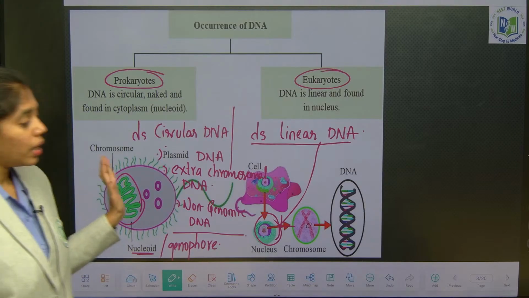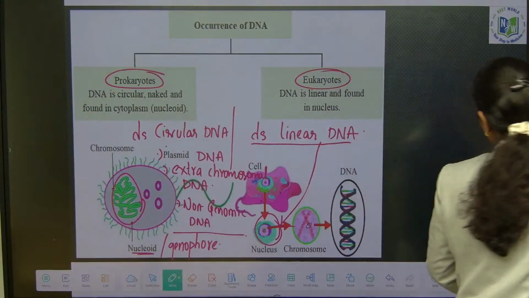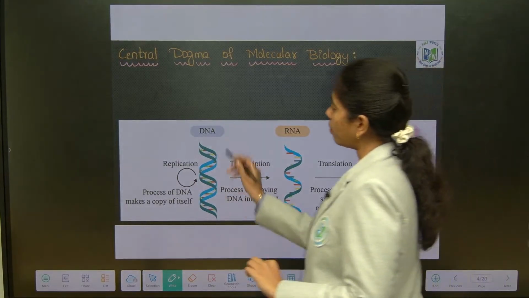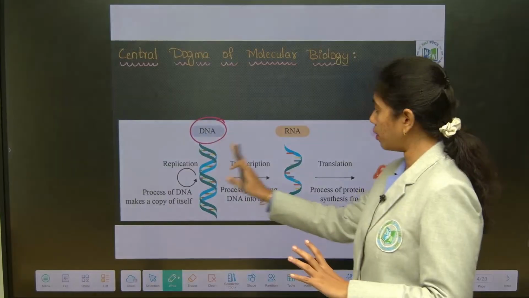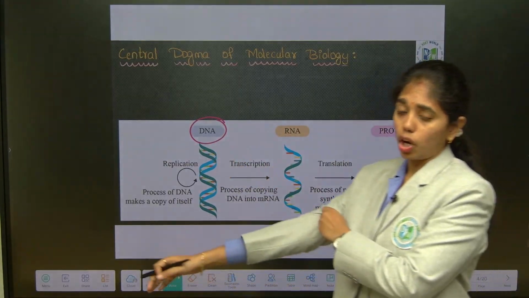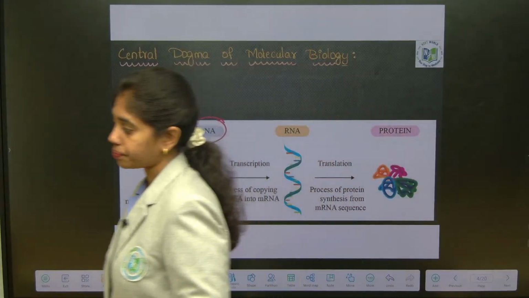Clear? Now we will move on to the central dogma of molecular biology and then we will start learning from the DNA. What is the central dogma of molecular biology?